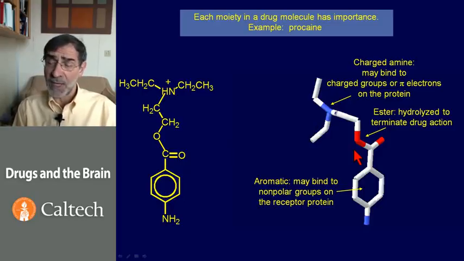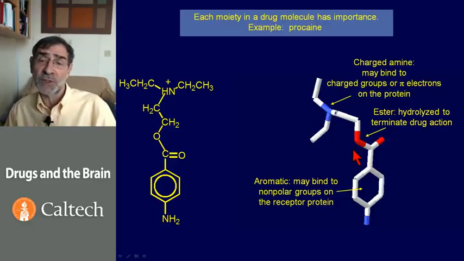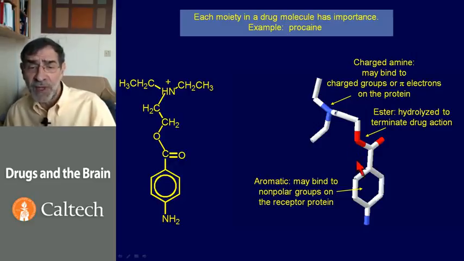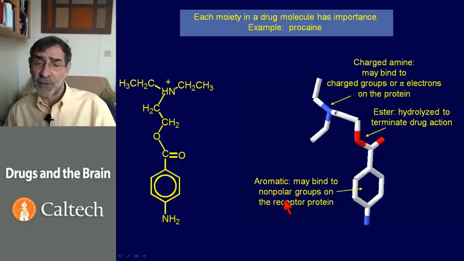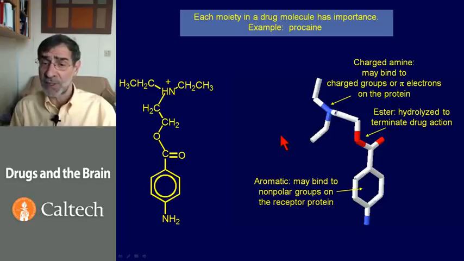I should point out that Procaine is also one of those drugs that works primarily in the peripheral nervous system rather than in the brain. And finally, we have an aromatic group that may bind to nonpolar groups on the receptor protein. So a chemist or a medicinal chemist is interested in all of these groups and how to design new drugs that do their jobs better.